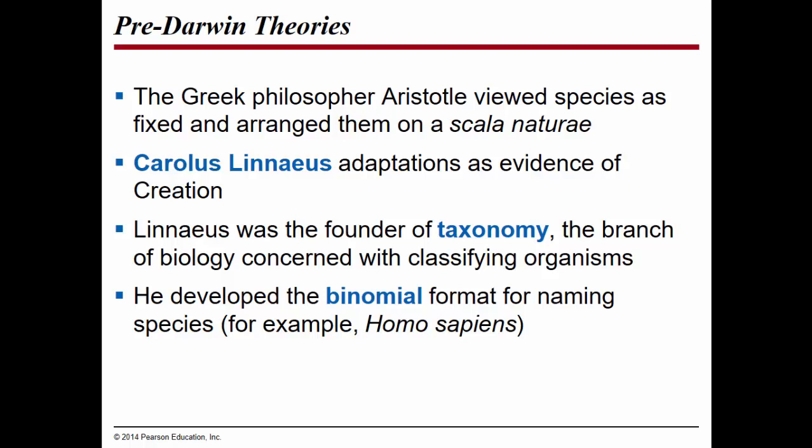This is called binomial nomenclature. Binomial refers to the fact that each species name has two parts. Bi refers to two, and nomial refers to the name of an organism.